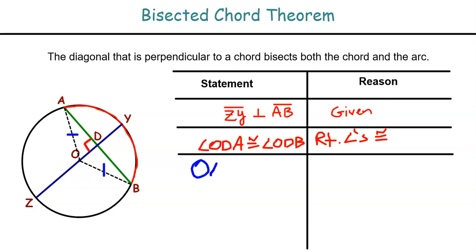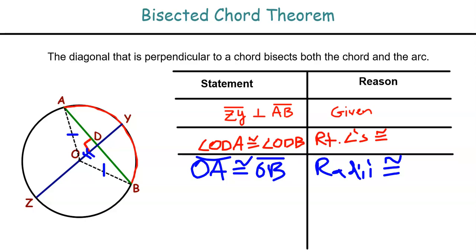So OA is going to be congruent to OB, because all radii in the same circle are the same length. So radii are congruent. And we also know that we have this shared side, OD, between those two triangles, and OD is congruent to OD by the reflexive property. So now we have a right triangle in which we know the right angle, and we have two congruent sides.